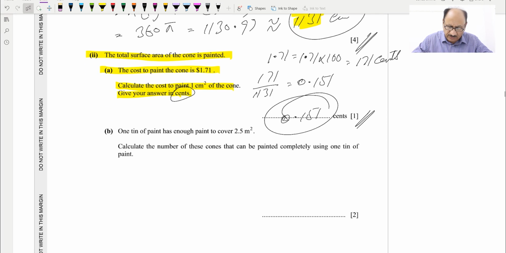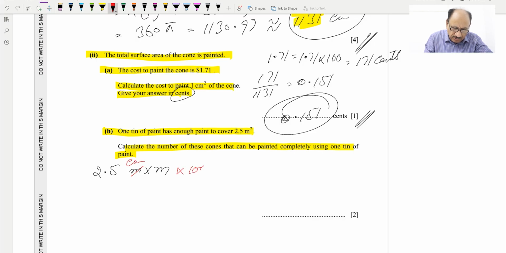Hopefully you understand this. B part, 1 tin of paint has enough paint to cover 2.5 meters square. Calculate the number of those cones that can be painted completely using 1 tin of the paint. So 2.5 meter square we will be changing to centimeter square, so meter into meter, and we need to change into centimeters, so we will multiply by 100 each.